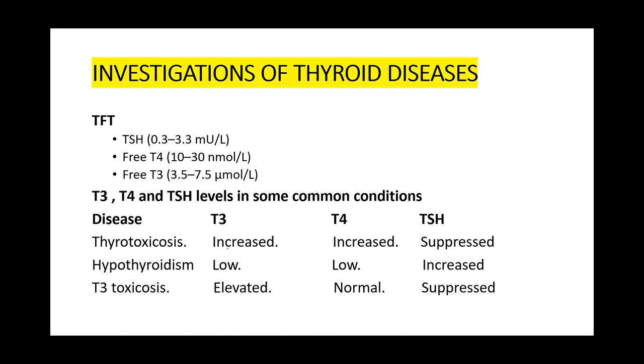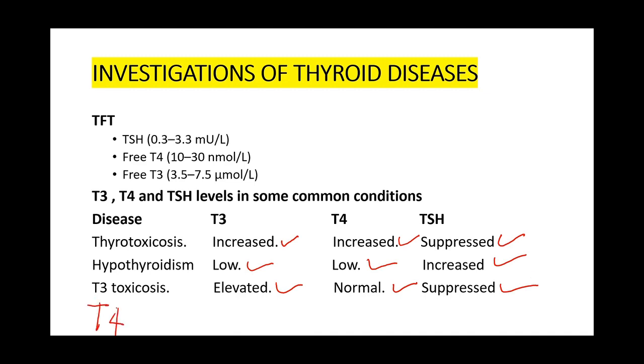For thyrotoxicosis, the T3 is elevated, T4 is elevated, the thyroid stimulating hormone is suppressed. For hypothyroidism, the T3 is low, T4 is low, thyroid stimulating hormone is elevated. For T3 toxicosis, the T3 is elevated, thyroxine is normal, TSH is suppressed.